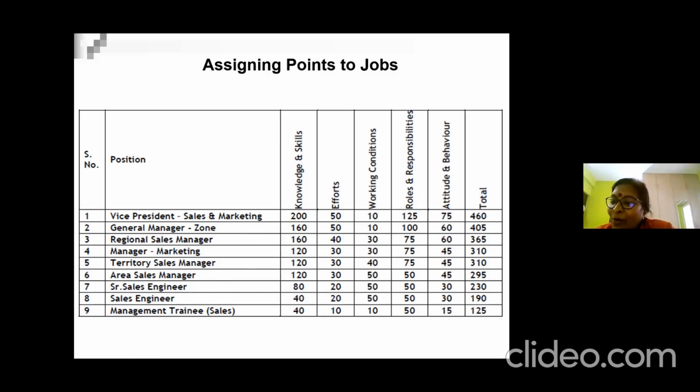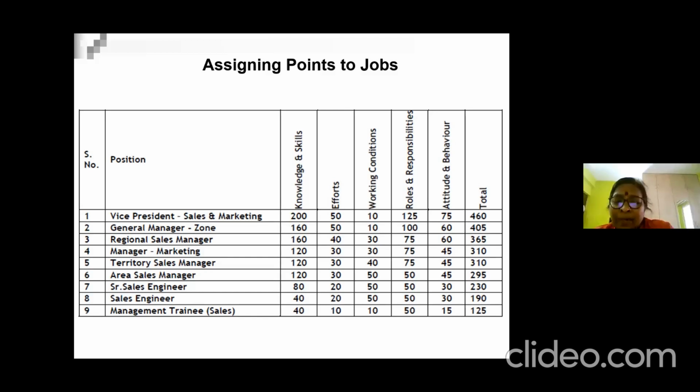Okay. And then you can draw the inference that there is not much of a difference between the Vice President Sales and Marketing and the General Manager Zone in the work they are doing. So if a Vice President is getting a very high salary as opposed to a General Manager, do you think I can then establish that there is no fairness? Got it? Right. Very clear. Okay. So that's how the point method helps you see whether there is a lot of overlap.